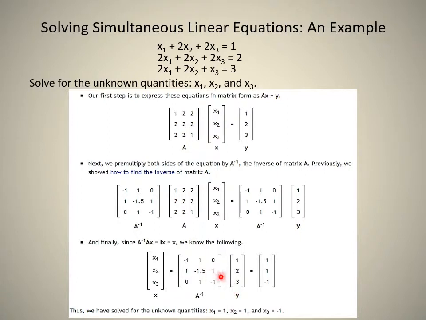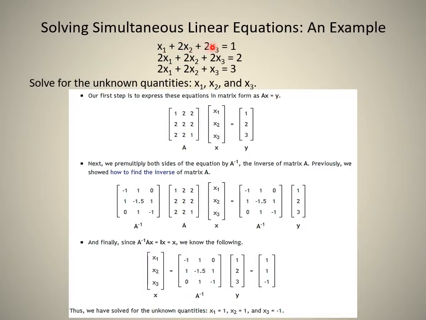And if we then do this multiplication on the right hand side, we end up with a column vector which gives us the values of x1, x2 and x3.